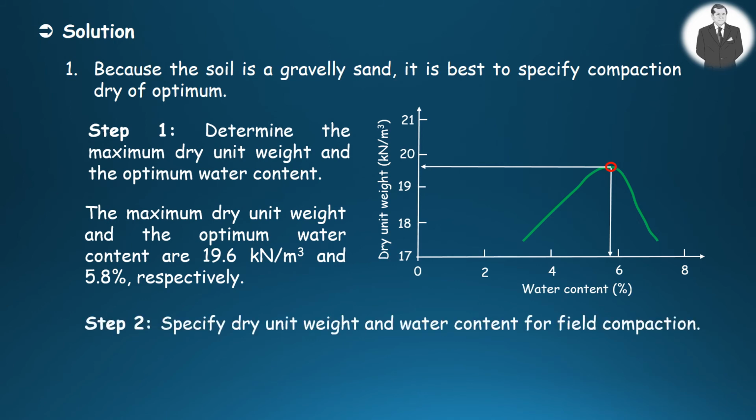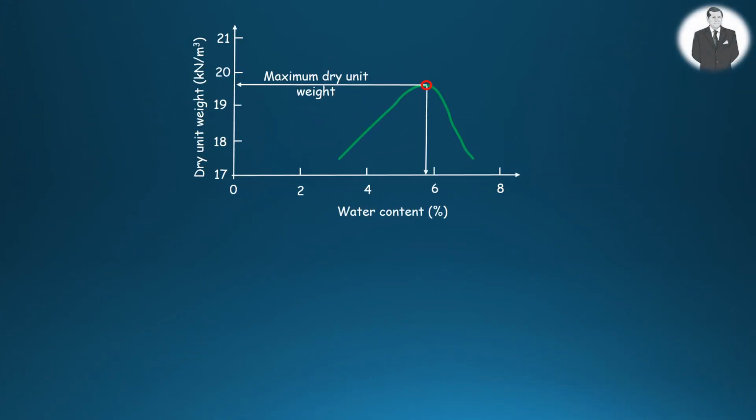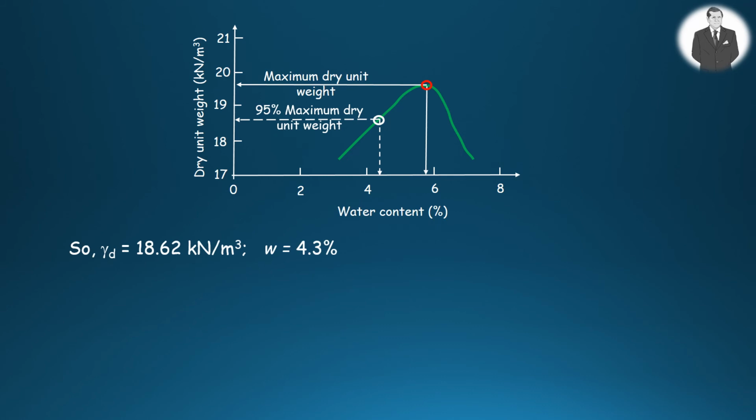Second step is to specify dry unit weight and water content for field compaction. Again, to determine these, we need to read the 95% of maximum dry density from the compaction curve. 95% of maximum dry density is marked on the compaction curve, and the corresponding moisture content or water content is obtained.